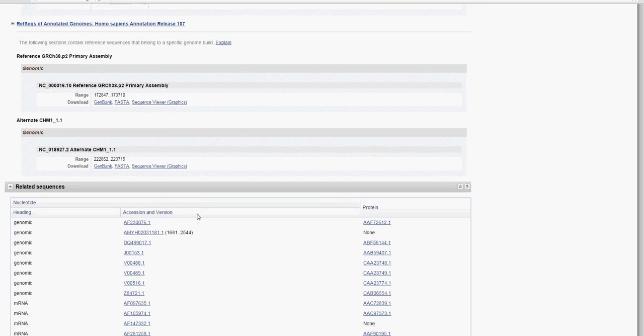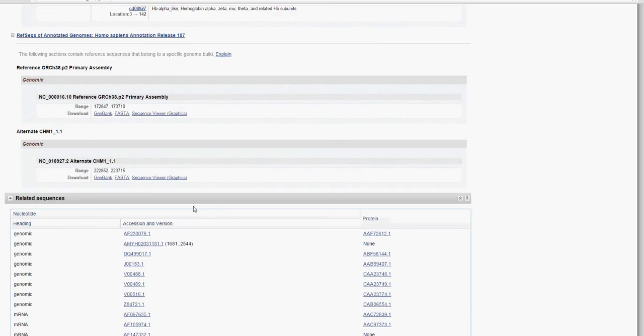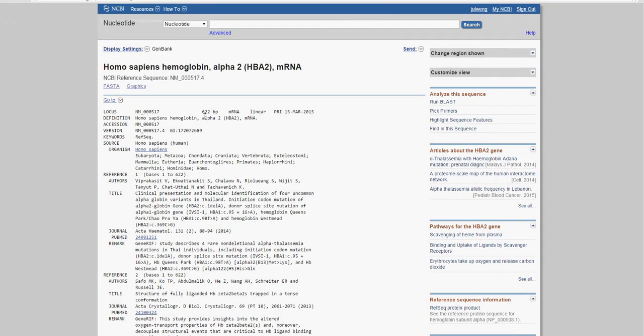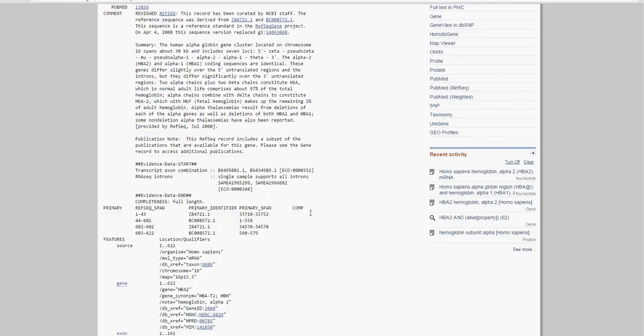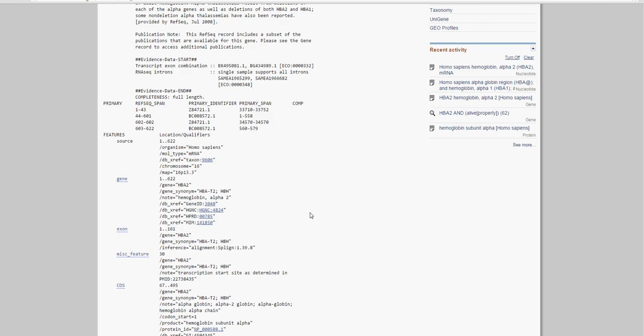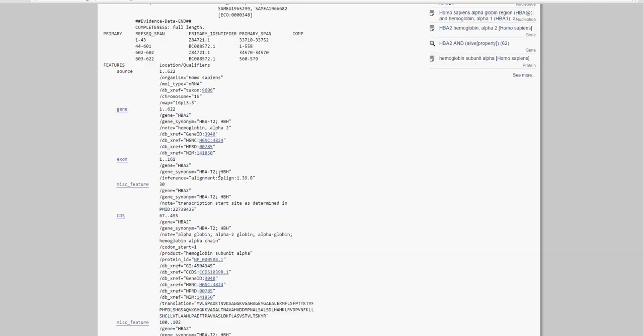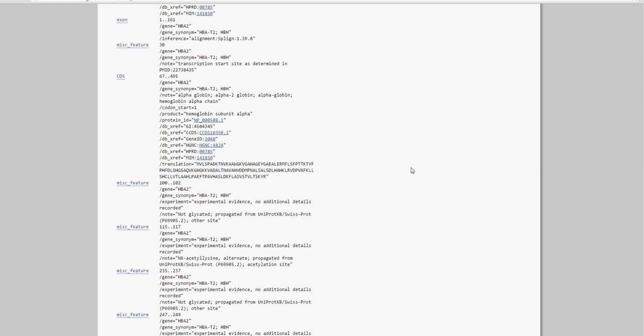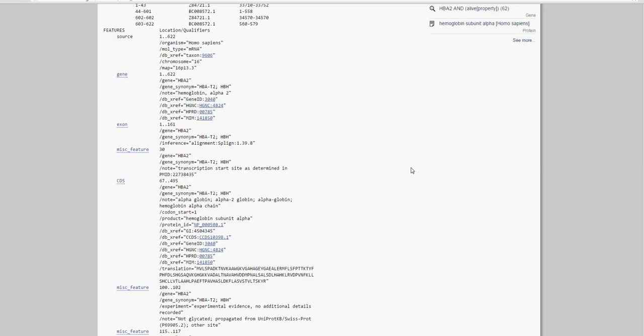Also under sequence information, again under sequences, mRNA and proteins. This first link is the mRNA. The mRNA is about 122 base pairs. If you scroll down to the bottom here, it's going to tell you where the exons are, and what each exon represents. And it also gives you the protein sequence.